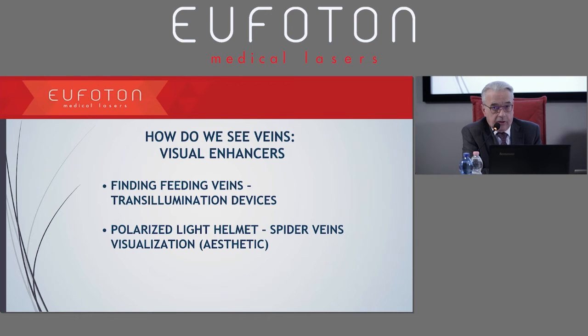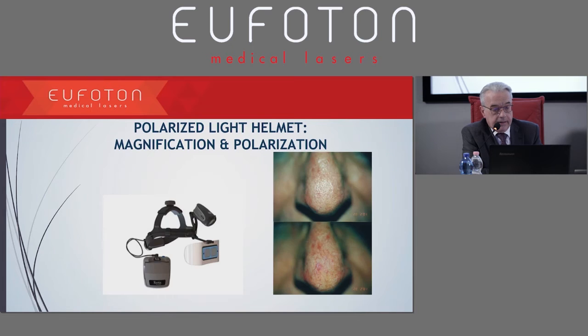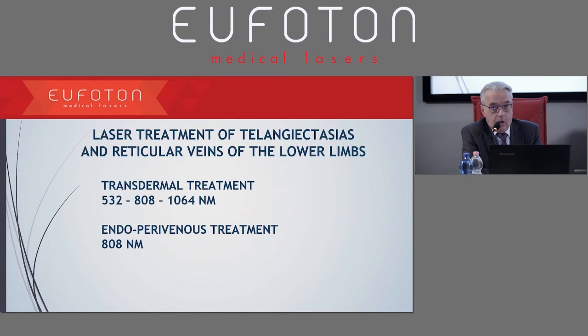When we have this helmet with polarized light, it changes completely, and this is the transillumination. So you see this reticular vein, which you cannot see on the surface, but you can see it with the transillumination. This reticular vein has precedence over telangiectasias. Also, polarized light gives you a completely different image.